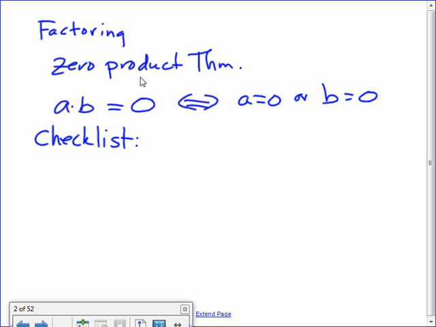So I'd like to give you a numbered checklist. Check for this first, then for this second, this third, and so on. So in the checklist for factoring, the first thing you always need to check for is common factors.